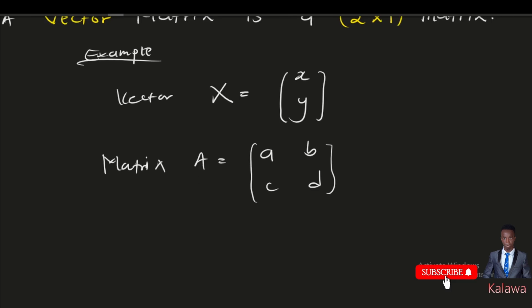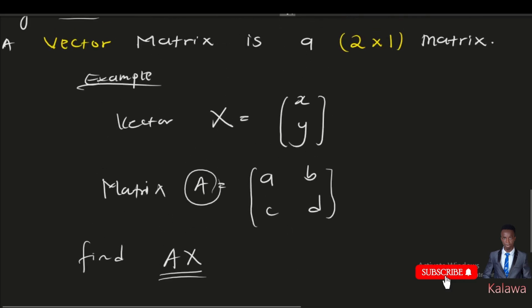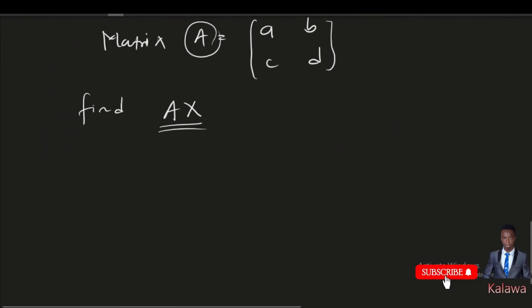And then they ask us to find AX. Remember that A here is the matrix and X is the vector. So here comes the multiplication of a matrix by a vector.